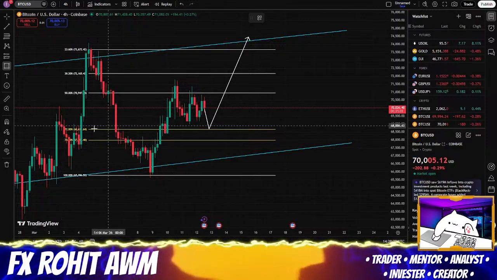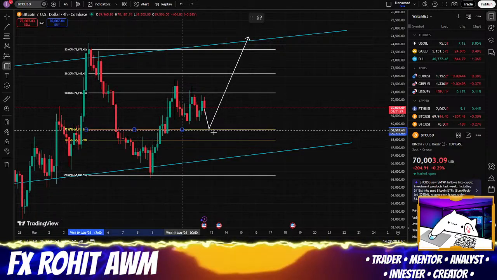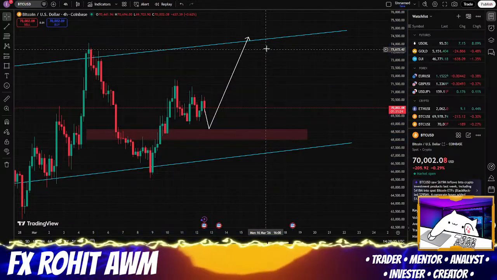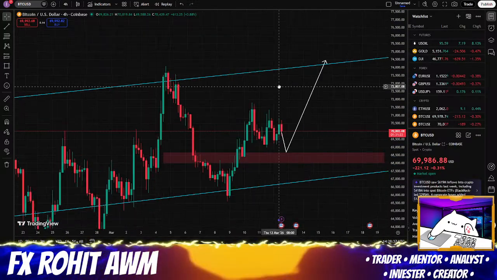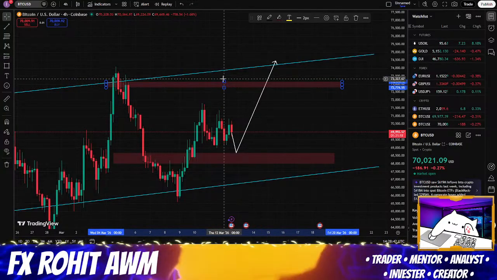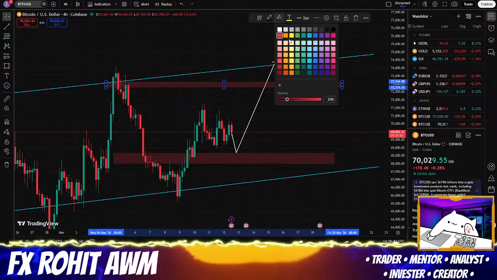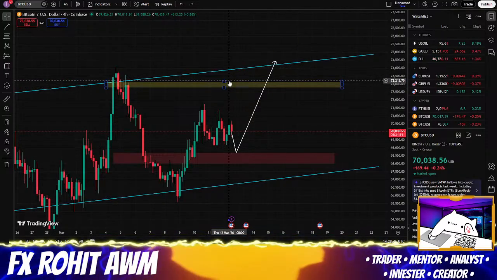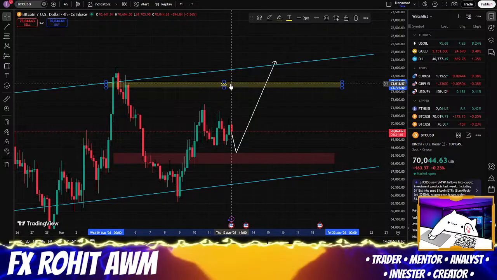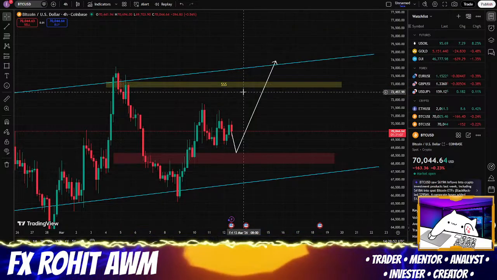Because this is our strong buying zone here. And if you check, the market has liquidity from this zone. So that's the liquidity zone of that market.